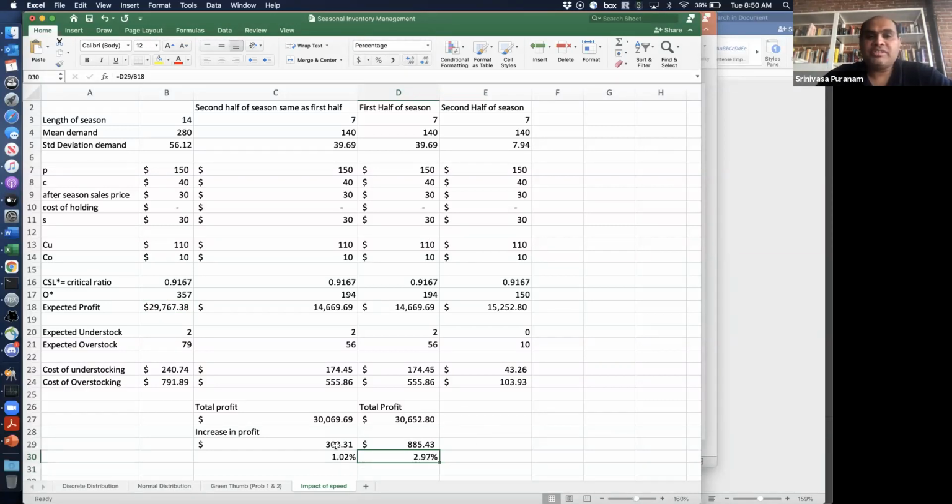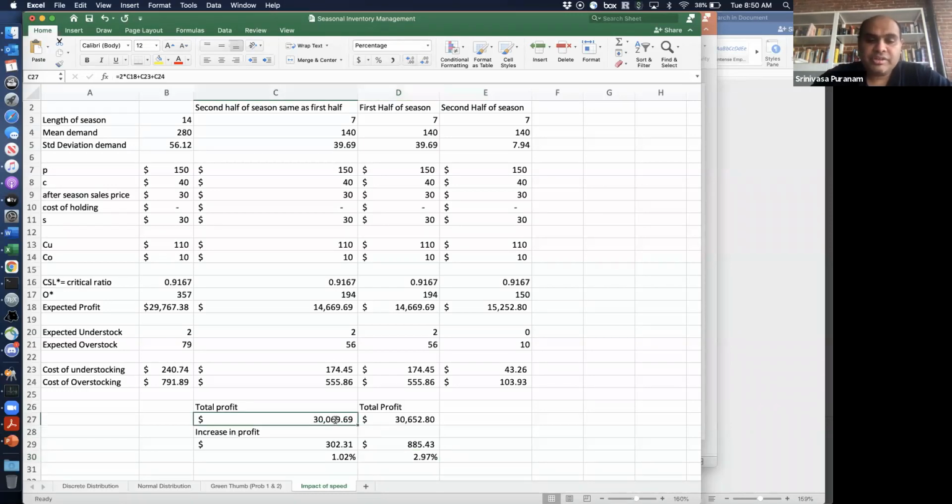So in the first case, if you don't improve the accuracy for the second half of the season, you increase profit by about 1%. But if you are able to increase the accuracy for the second half of the season, you can improve your profit by almost 3%. That's a significant increase.